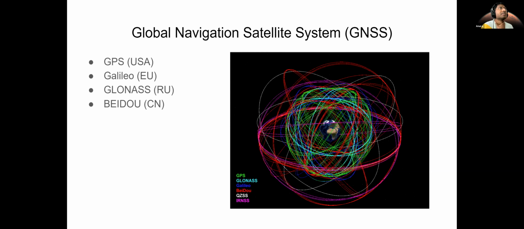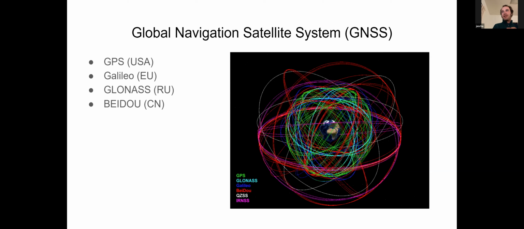Related to the Earth, are they geosynchronous or in a different orbit? GPS is not geosynchronous. It's about 18,000 instead of 36,000, half the geostationary altitude. So it's basically a 12-hour orbit.